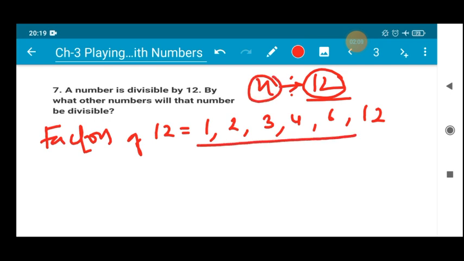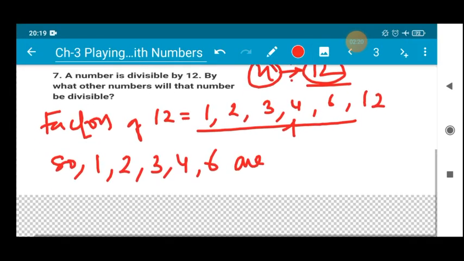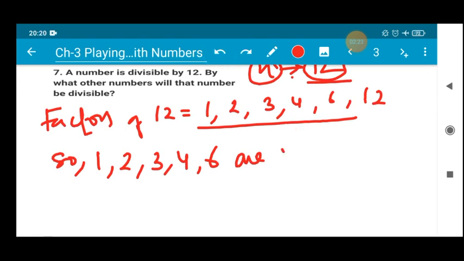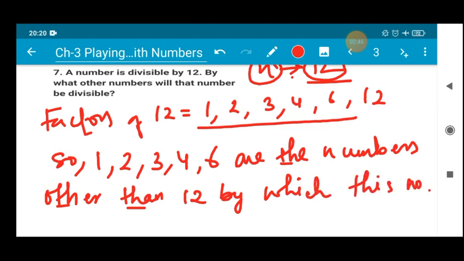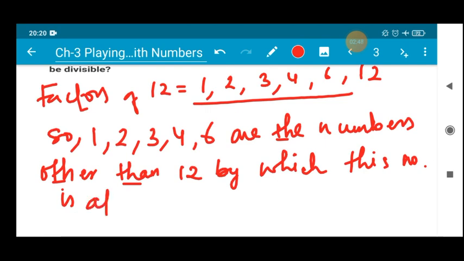So what other numbers will that number be divisible by? 1, 2, 3, 4, 6 are the numbers, other than 12, by which this number is also divisible.